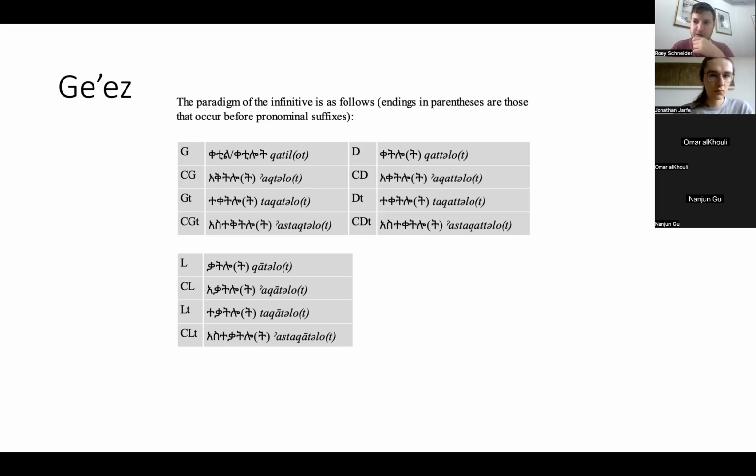If you remember, Akkadian always infixes them. So does modern South Arabian. And some of the other languages like Arabic, Hebrew and Aramaic have some kind of variation, sometimes prefix, sometimes infix, depending on different factors.